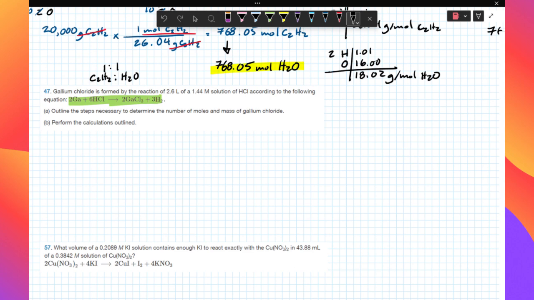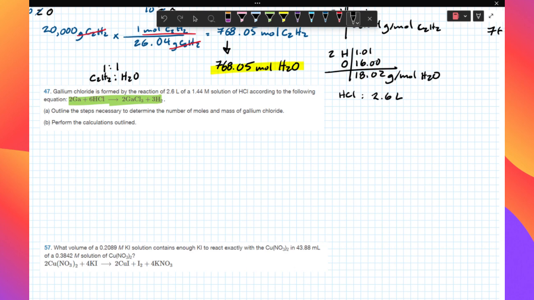So this is one, again, where we're given a lot of different numbers, and it's helpful for me, at least, to take a look at what we're given. We were given this volume of 2.6 liters of gallium chloride. Or excuse me, we're given 2.6 liters of a hydrogen chloride solution.